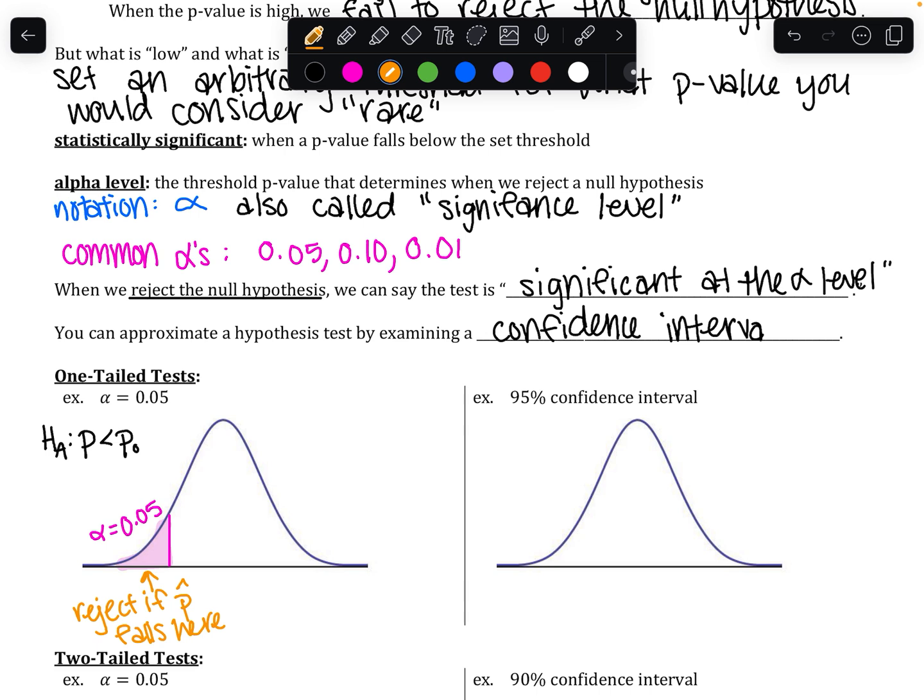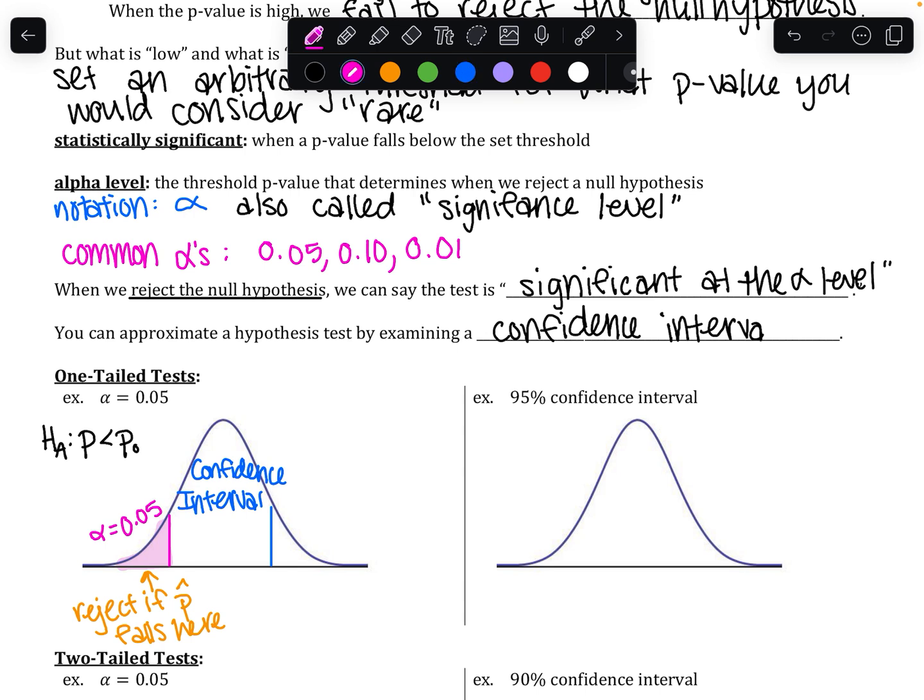So what do we know about the location of a confidence interval on the normal model? It's always in the center, right? Always in the center. So I'm going to go symmetrically that way. This is my confidence interval. It's going to be somewhere in the middle. Okay. So what percent is in the middle if I have 0.05 on the left side?